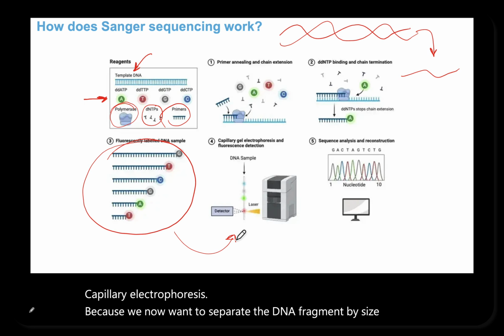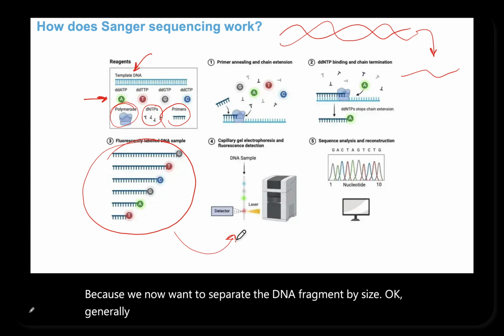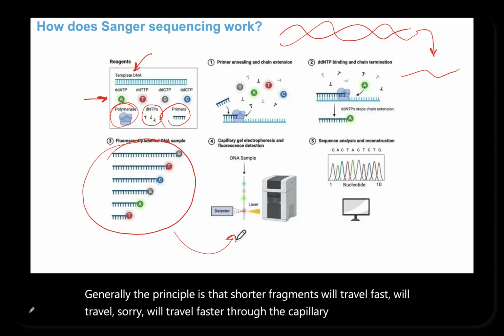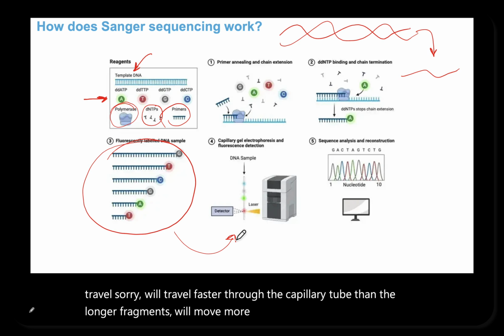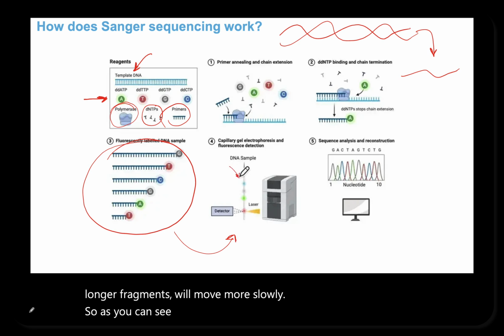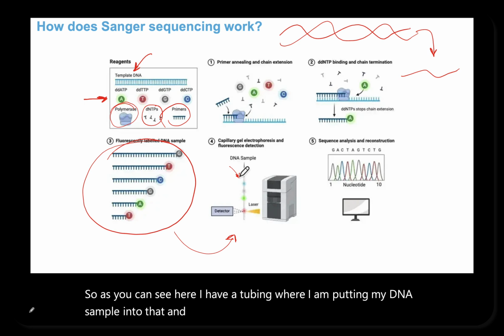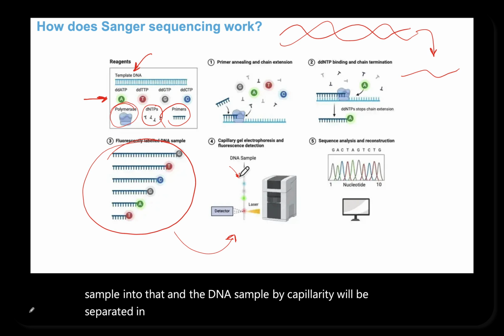Generally, the principle is that shorter fragments will travel faster through the capillary tube, and longer fragments will move more slowly. As you can see here, I have a tubing where I am putting my DNA sample, and by capillarity it will be separated into shorter and longer fragments.